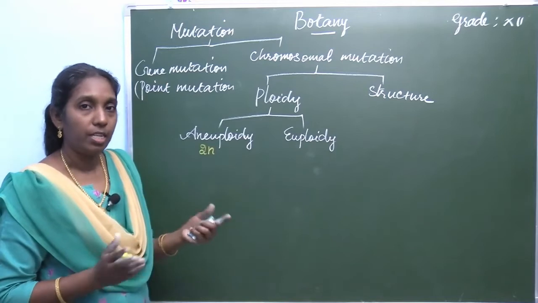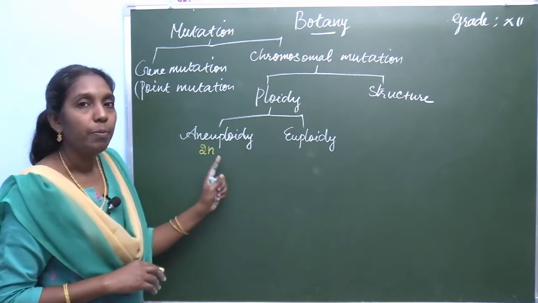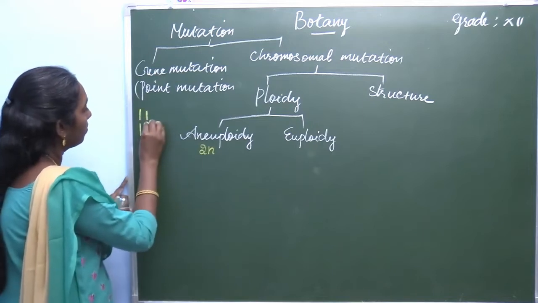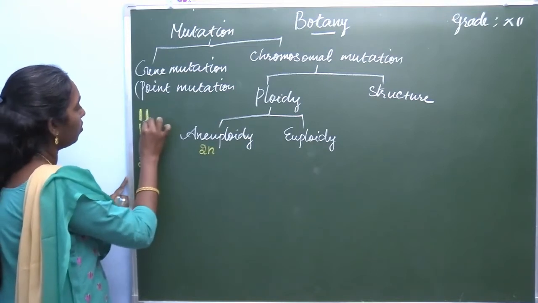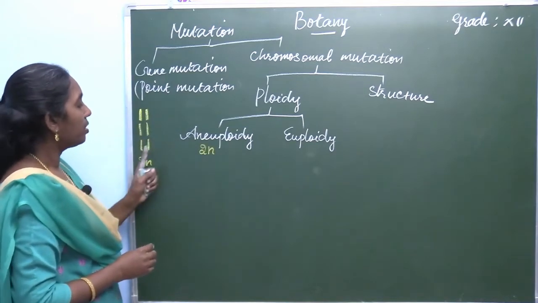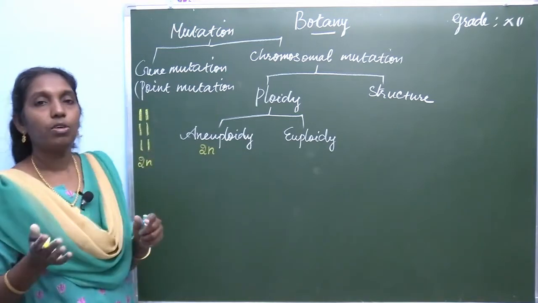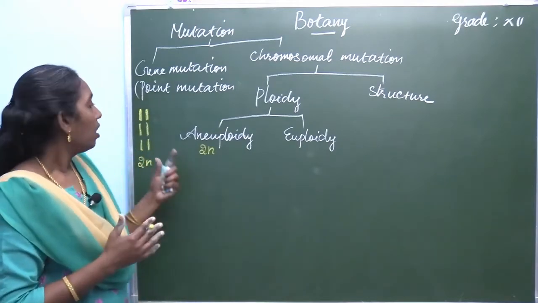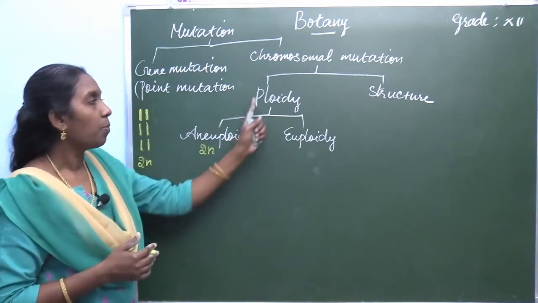In aneuploidy, the number variations or alterations are observed within the diploid set. This is the normal diploid set of chromosomes, 2n, the normal chromosome number. If any alterations are observed in this, either by addition or by deletion, where individual chromosomes within the basic set are added or eliminated, it is called ploidy.